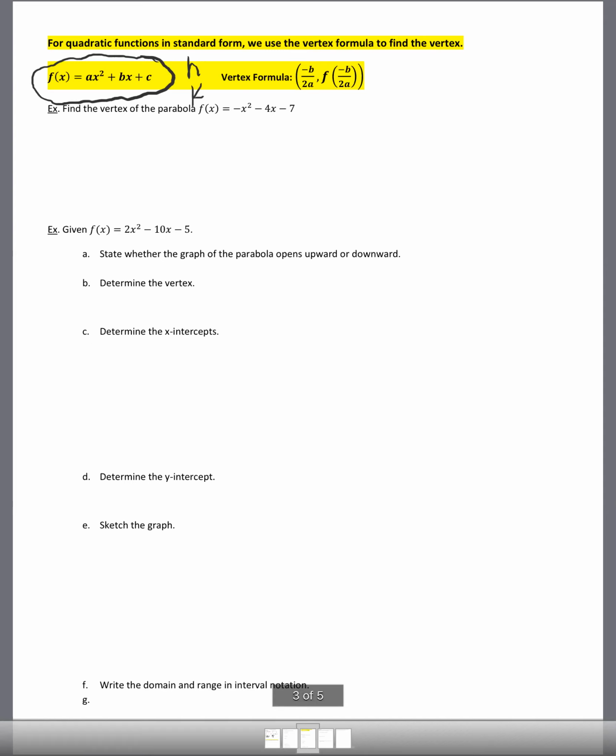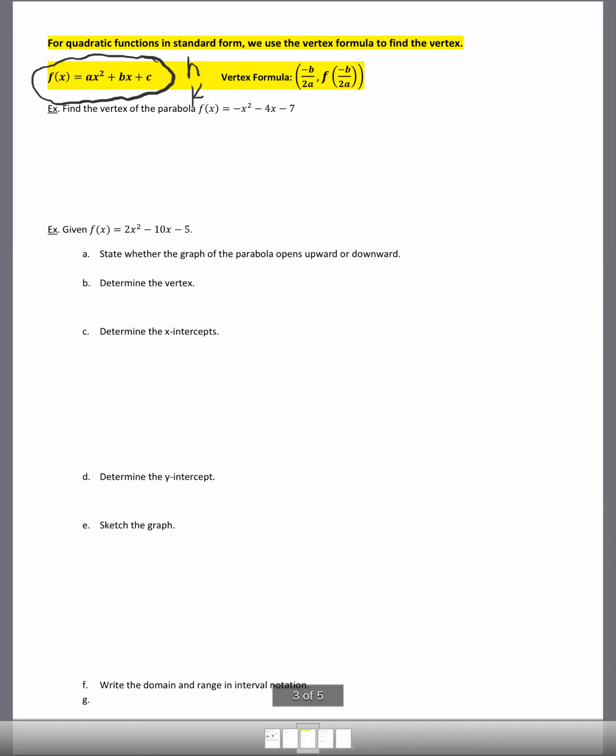So what we have to do instead is actually calculate it. Once again, you can use your graphing calculator, go graph it, identify where you think the vertex is, and then verify it through your algebra. So let's say that we're going to look at this function here.